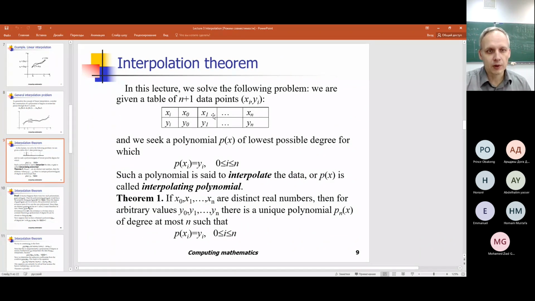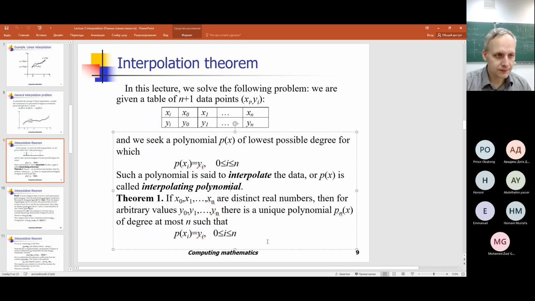In other words, I can reformulate this problem as follows. We are given a table of n plus 1 data points, x0, y0, x1, y1, and so on, xn, yn, and we seek a polynomial of the lowest possible degree for which p of xi equals yi for all i from 0 to n.